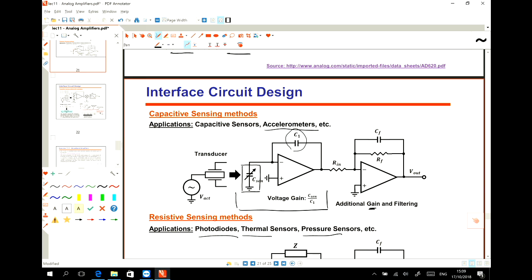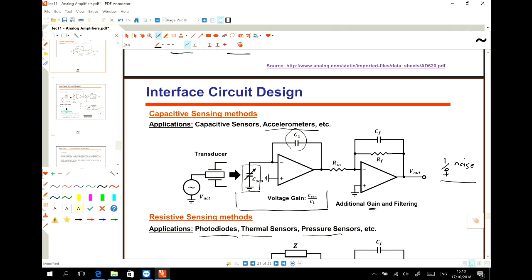Because of the 1/f noise, which is the dominant noise at low frequency. The impedance of this capacitance at very low frequency is very high, so the amount of 1/f noise that we get at the output is very high.